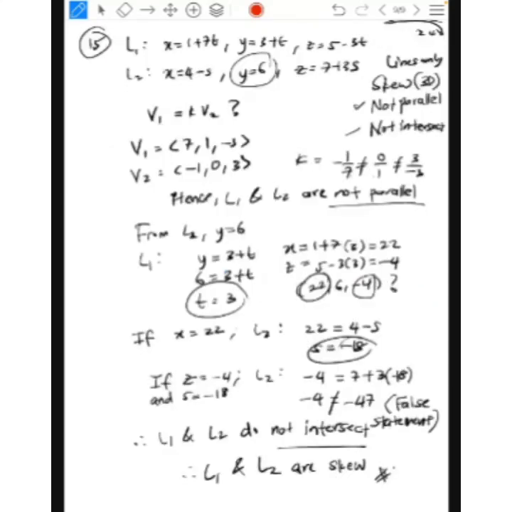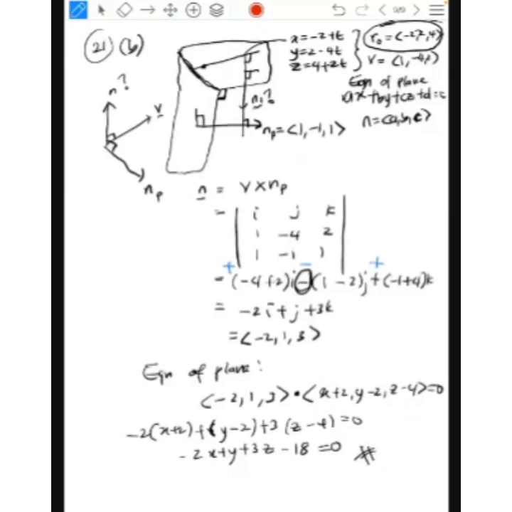No, that one needs to be simplified. If I don't simplify, is it correct? Find the equation of the plane that passes through the given point. Oh, okay. It is correct as long as the constants are proportional.